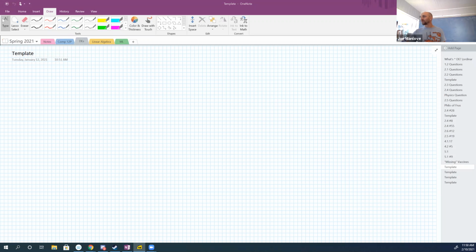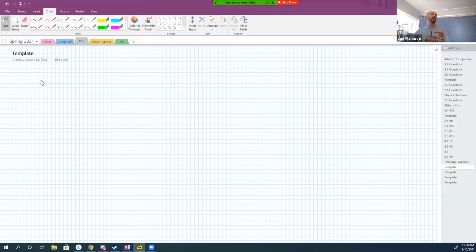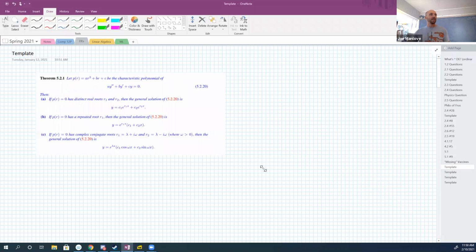Complex conjugate roots. I guess it's the last page of section 5.2, which is 217 at the bottom, just before the exercises. So we're looking essentially at part C, this last theorem here.